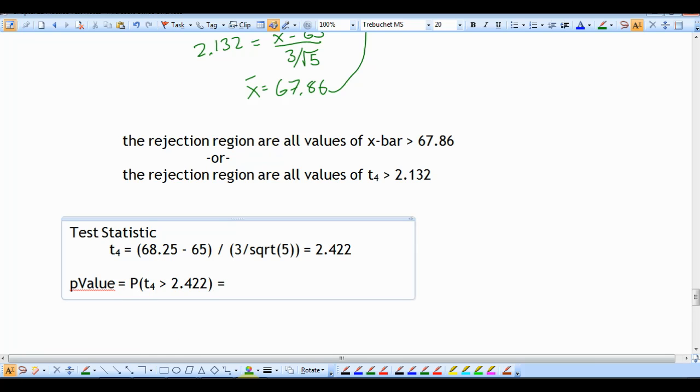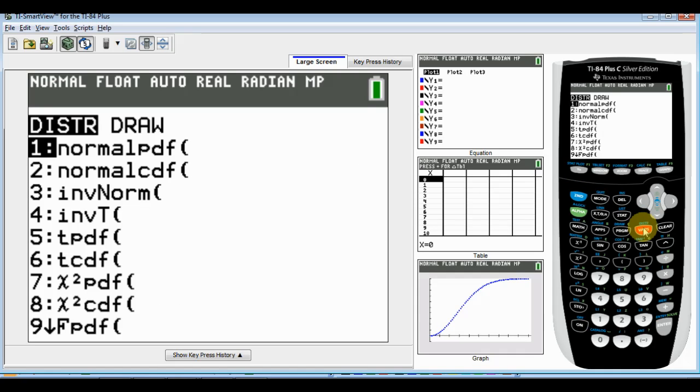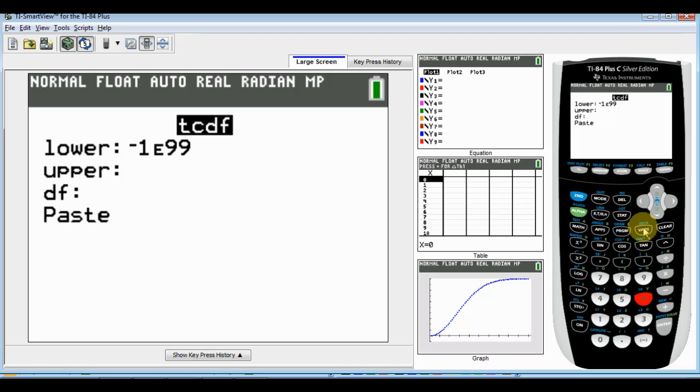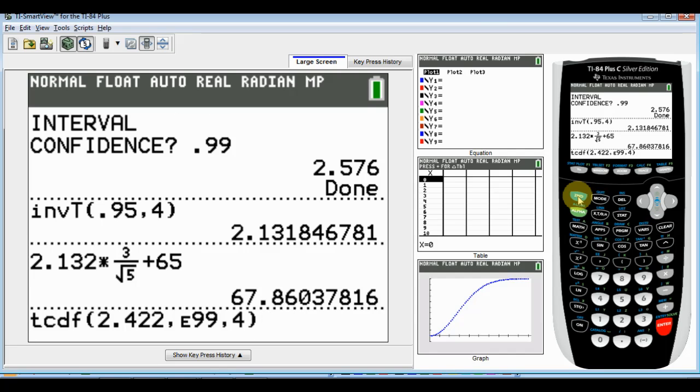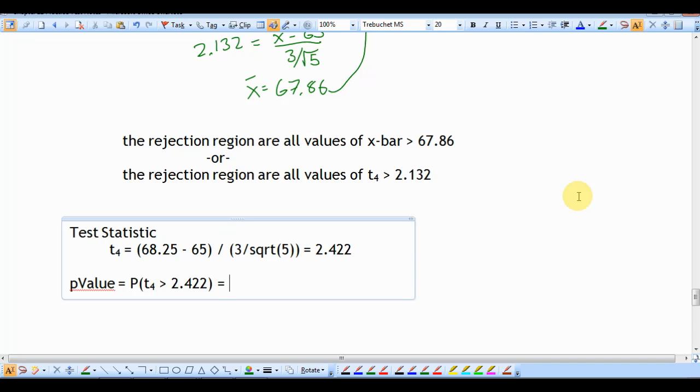That's equal to, I forgot what it was. 2.422? Yeah, 0.0363, right?